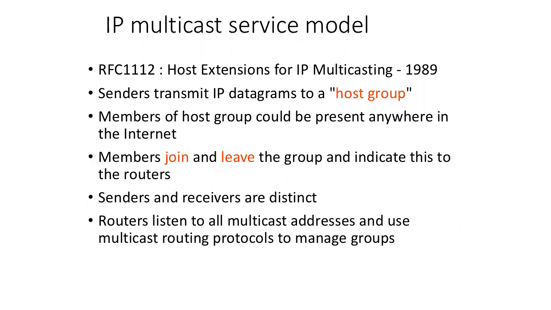Normally when you're sending out multicast packets, you're not receiving them too, at least not in your own channel. Our routers listen to all multicast addresses and use the multicast routing protocols to manage the groups. So routers are group aware if they're multicast aware. Not all routers are multicast aware.